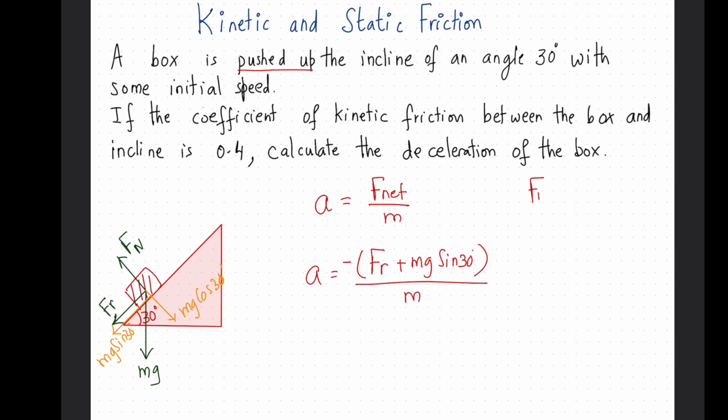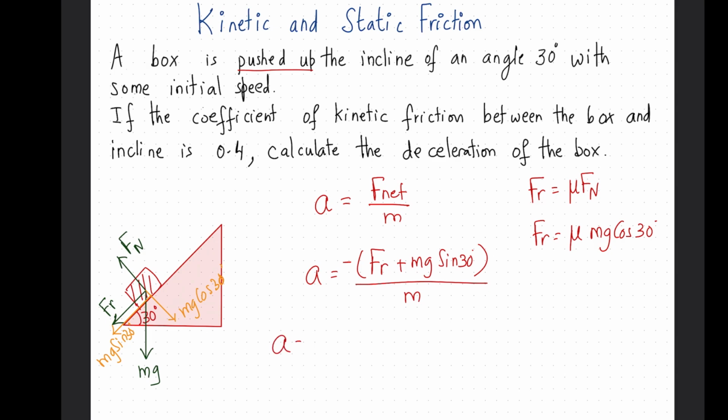And Fr is mu Fn. And we know that Fn will be equal to mg cosine 30 because the object is in equilibrium perpendicular to the plane. So mu Fn we can write as mu mg cosine 30.